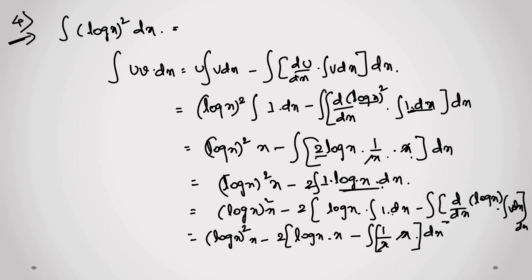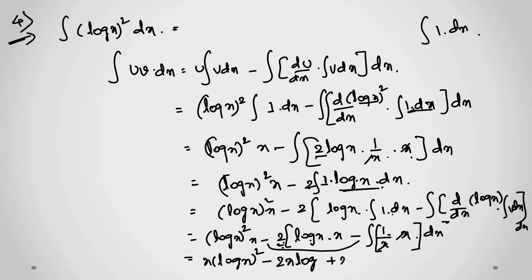So it becomes x (log x) whole square minus 2x log x; minus into minus gives plus. Integral 1 dx is equal to x, so 2 into x, that is plus 2x, plus c. So this is the answer of the given question.